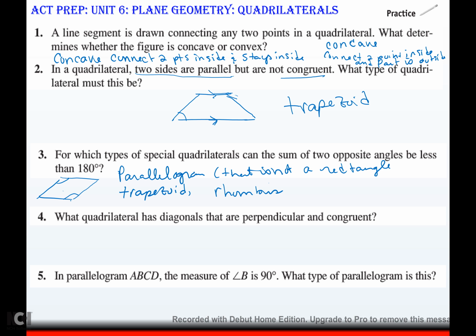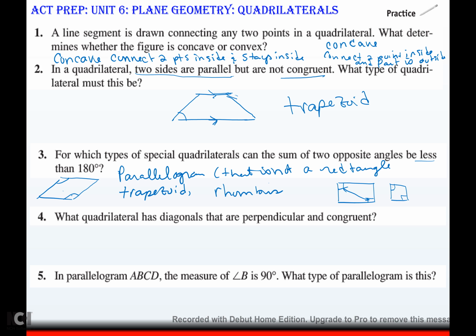Same with a rhombus. Oh, it doesn't say about a trapezoid. Alright, but those are the ones that the sum of two opposite angles can be less than 180 degrees. Your 90 degree ones, your rectangle, those are 90 degrees, so opposite angles are going to be exactly 180. Same with a square. These squishy ones are the ones that their sum will be less than 180.